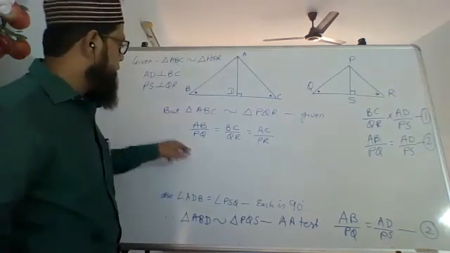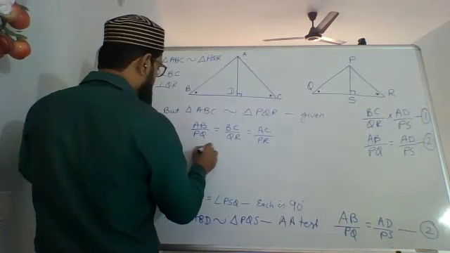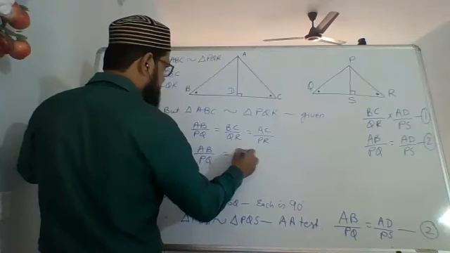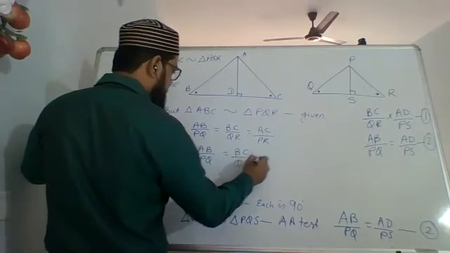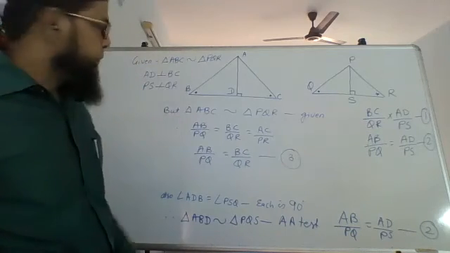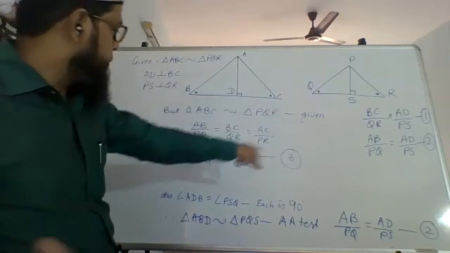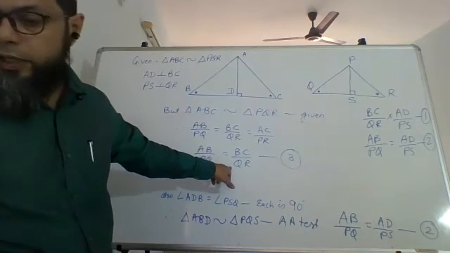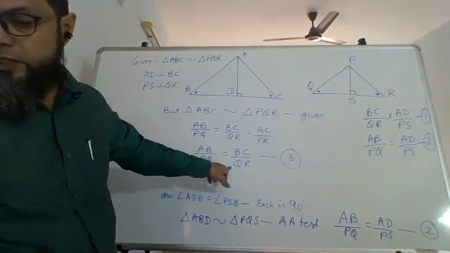Now I'm going to say that AB upon PQ equals to BC upon QR. Call this 3. Now see, AB upon PQ is BC upon QR.